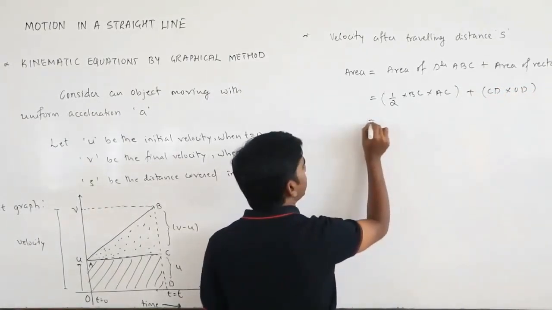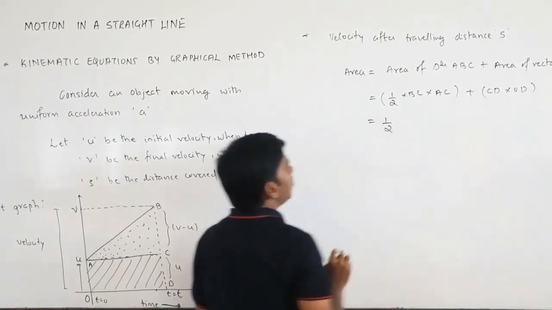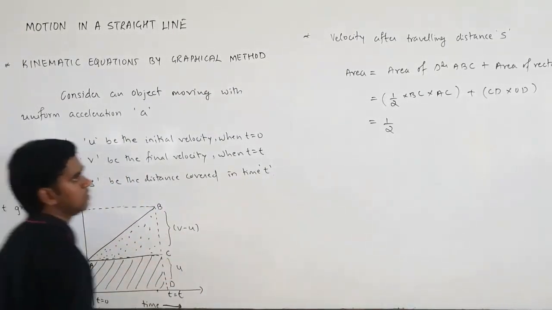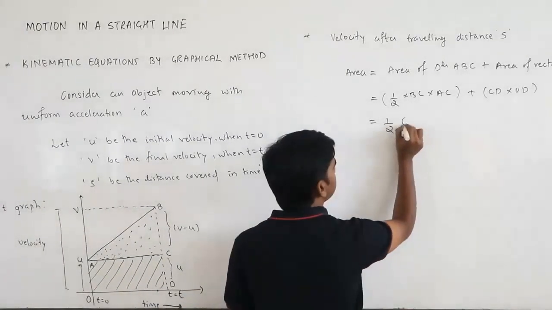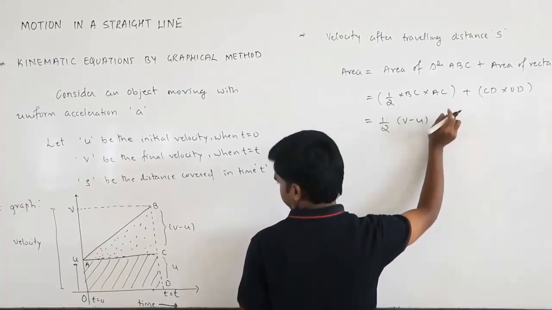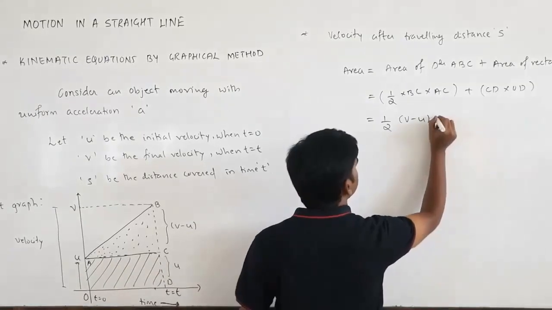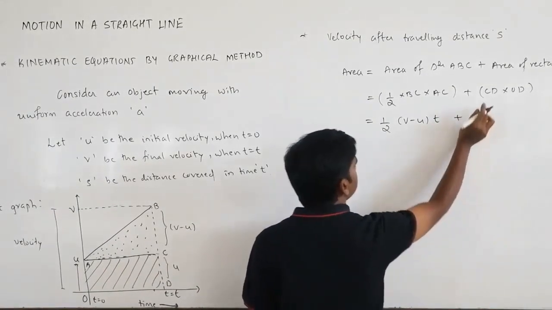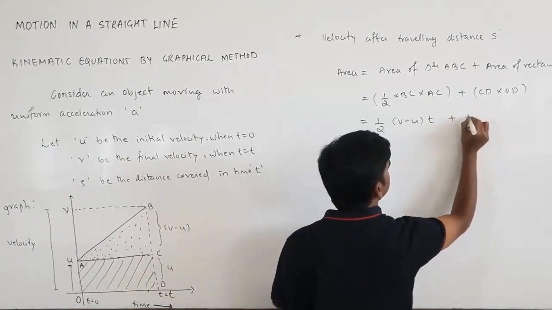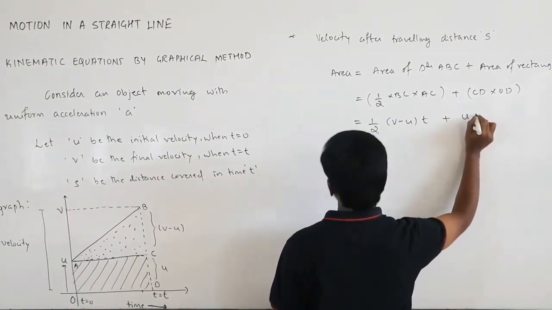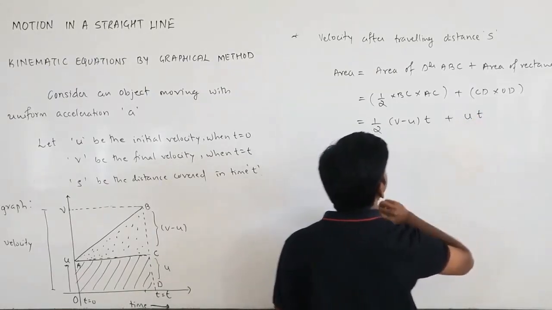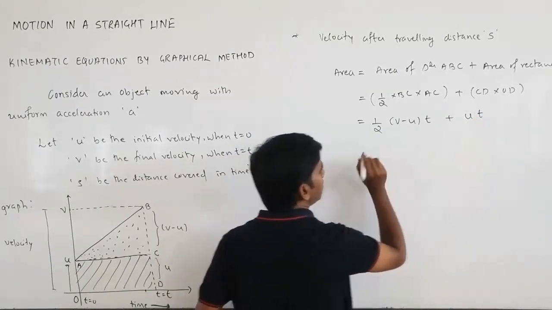Now half into BC. BC you already know, it is V minus U. What is AC? AC is T. CD is nothing but U, so U into OD, and OD is time T. So this is what we got.